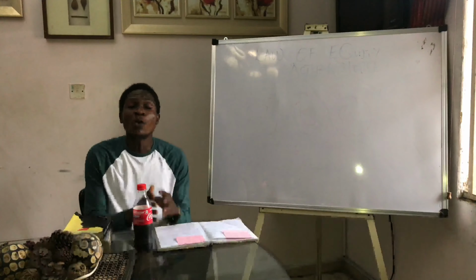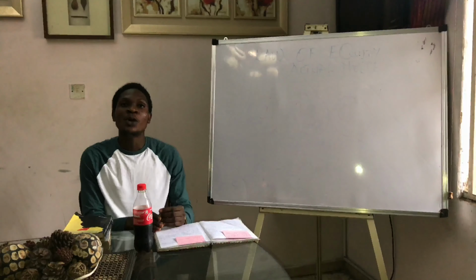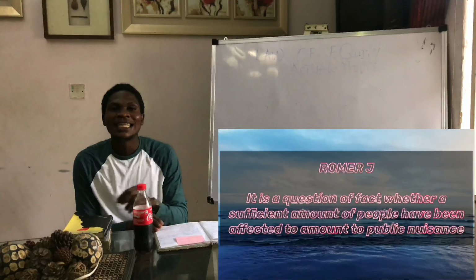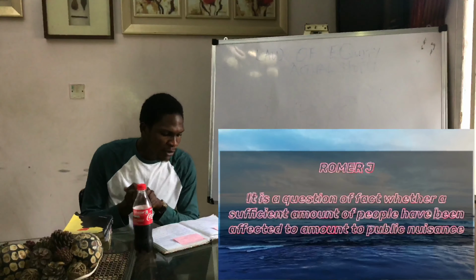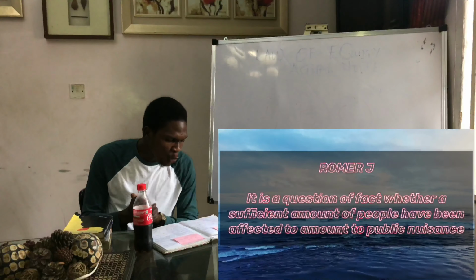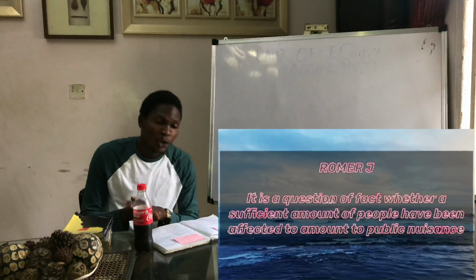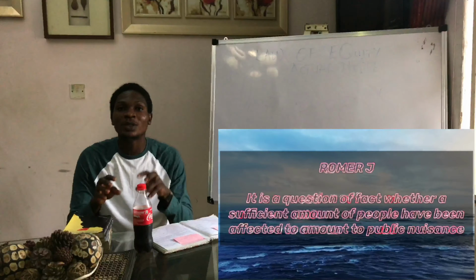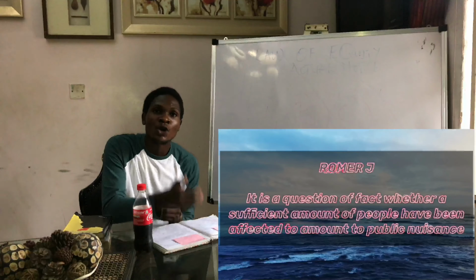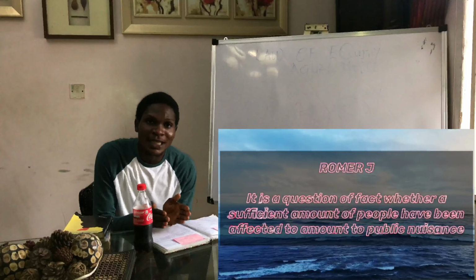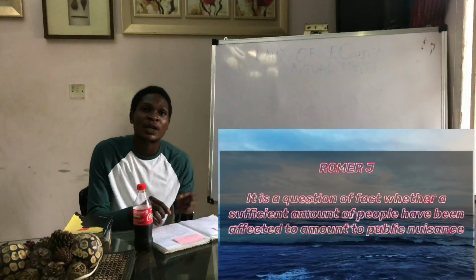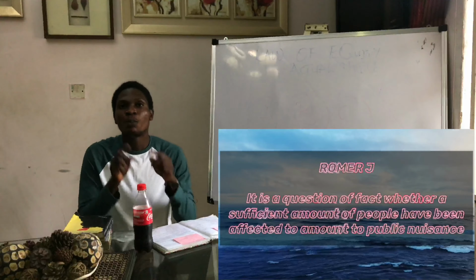When we are talking about class of people, according to Romer J, it is a question of fact whether a sufficient number of people have been affected to amount to a public nuisance. We have to check the facts of each case to determine whether a sufficient amount of people have been affected for that to be regarded as public nuisance.